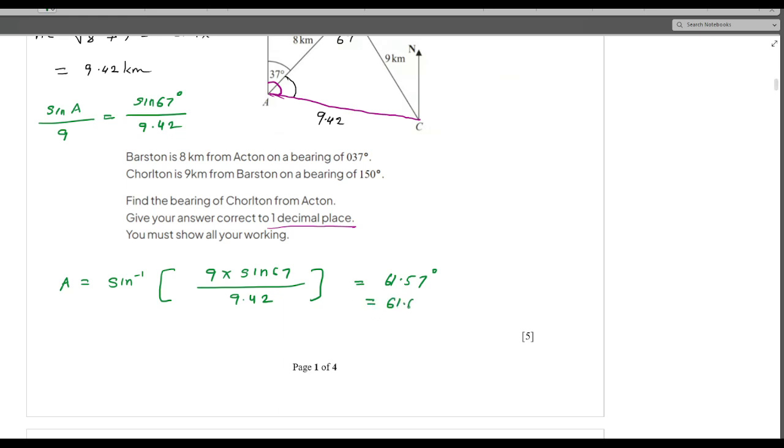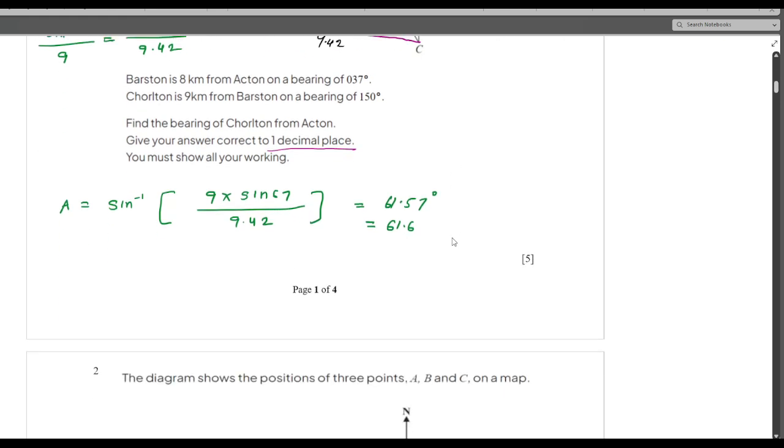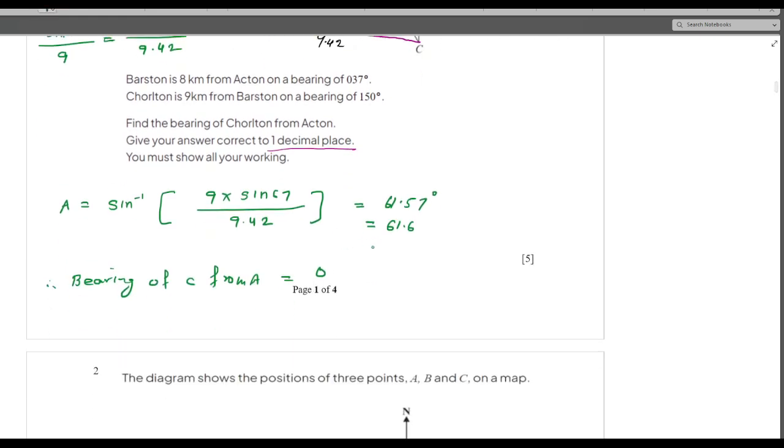This is 61.6. I have to write my final answer up to 1 decimal place. So angle A is 61.6 and therefore my bearing of C from A will be equal to your 037 degree plus this 61.6 degree.